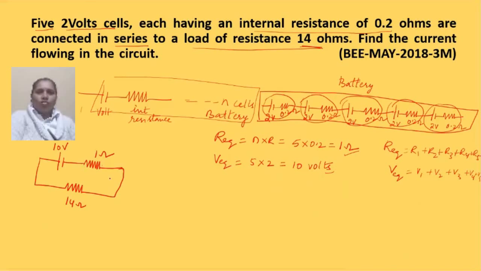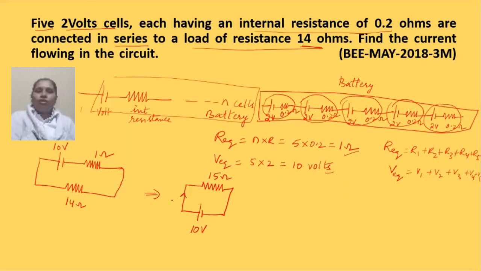These two resistors are in series, which is an interconnection of two resistances at one common point. Here there is only one common point. So the circuit can be redrawn like this. I'm just rotating the circuit. This is 10 volts and this is 15 ohms, because R1 plus R2 are in series.